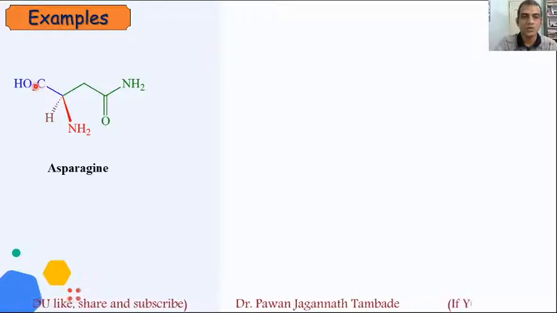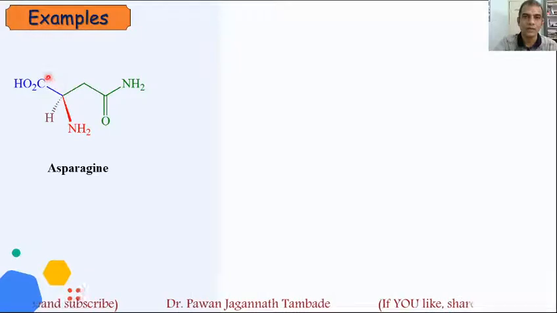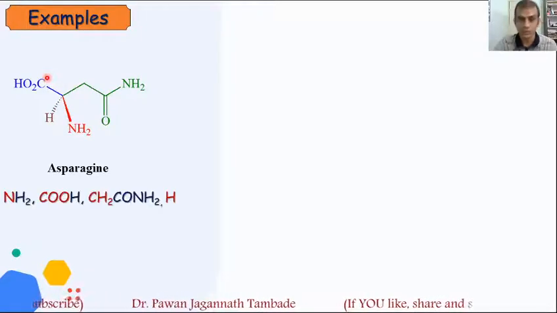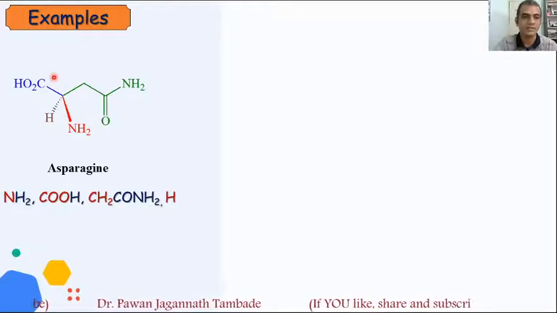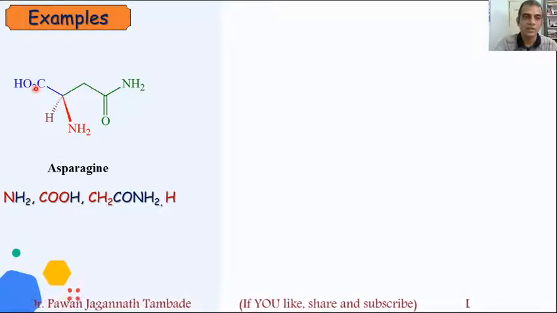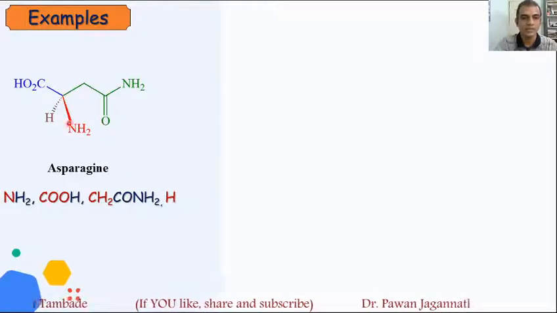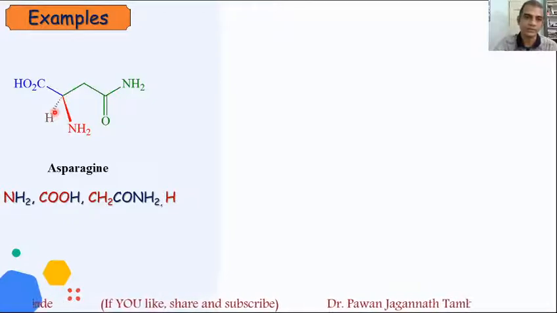Among these, COOH and CH2CONH2, this COOH will have more priority. The priority sequence in this is NH2 is having first priority, COOH is having second priority, this CH2CONH2 third priority, and hydrogen is having fourth priority.